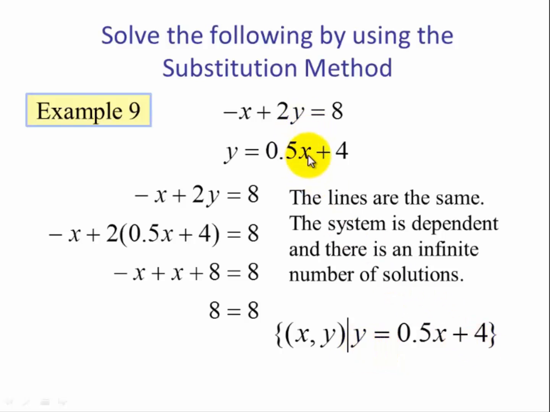So these two equations will yield the same line, y equals 0.5x plus 4. So whatever ordered pair is on this line is a solution to this system. And there's an infinite number of solutions because there's an infinite number of points on the line.